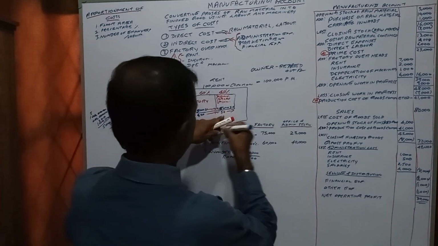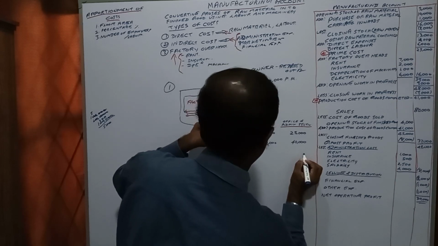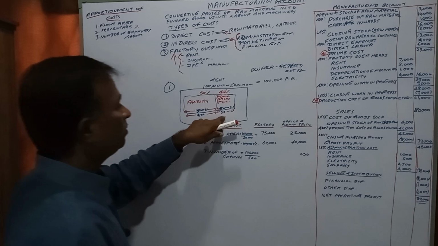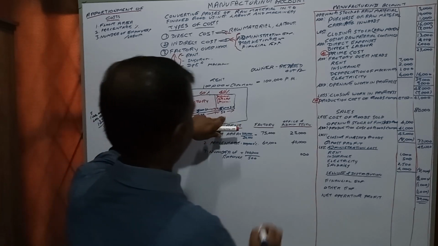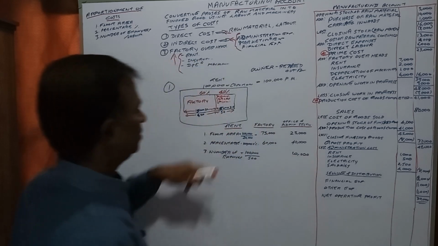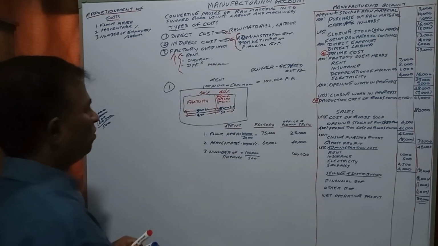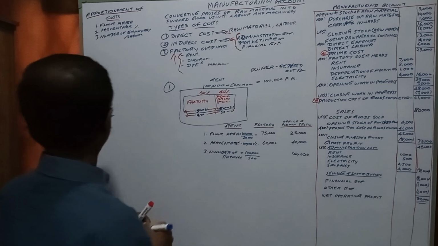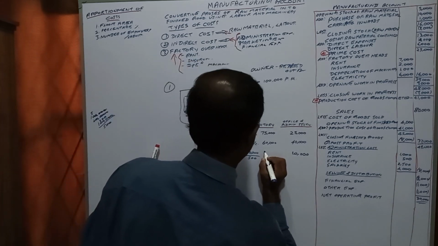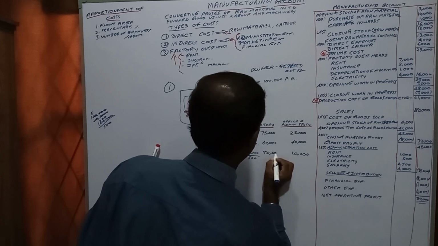Then 200 into 50 is 10,000, right? Then 450 into 200 is 90,000.